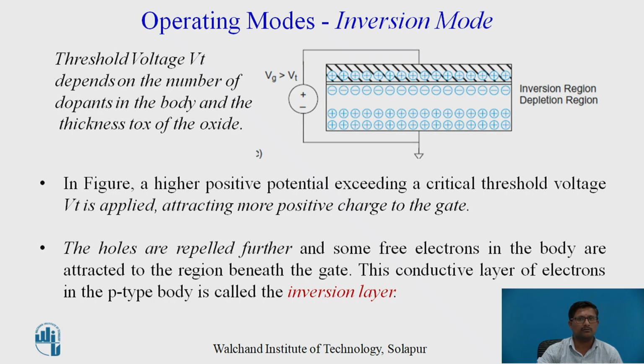This conductive layer of electrons in the p-type body is called the inversion layer. Before applying any voltage, only positive charges were in the p-type body, but when we apply a gate voltage more than the threshold voltage, negative charges accumulate in the p-type body. This forms the inversion layer. So we can say there is inversion of the channel in the p-type body.